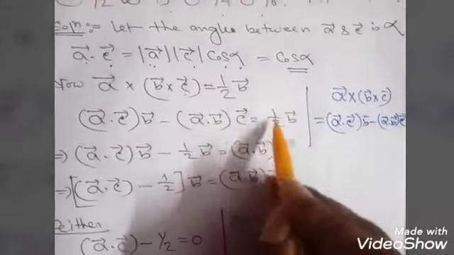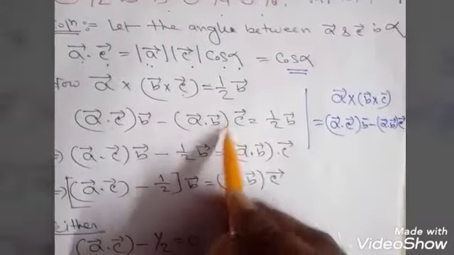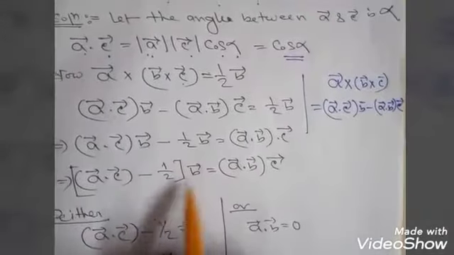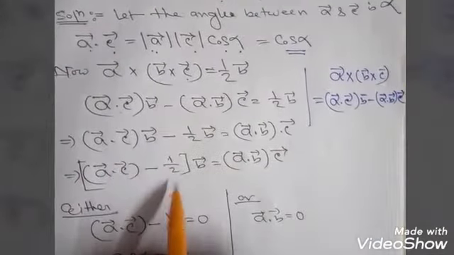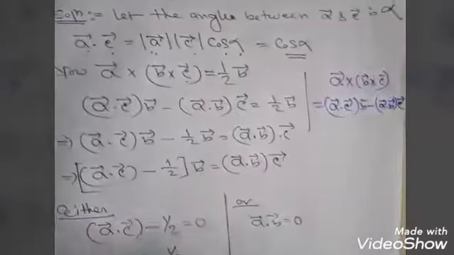If you bring that half b to the left hand side and a dot b within bracket c vector to the right hand side, so see, we can take common b here. So a dot c minus half within bracket b vector equal to a dot b within bracket c vector.